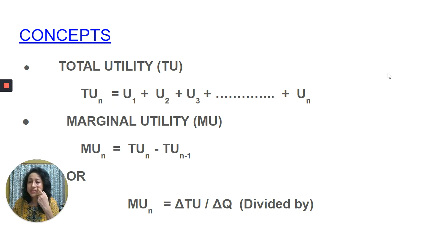Okay, let's see what we are talking about. Suppose you have come to college, it is lunch break, you are very hungry, and you run to the canteen and eat 5 samosas. From the first samosa you consumed you get some utility, from the second you get some, from the third you get some. So in this case U1 is the first samosa, U2 is the second samosa, U3 is the third samosa. In this way UN is the 5th samosa: 1, 2, 3, 4, 5.